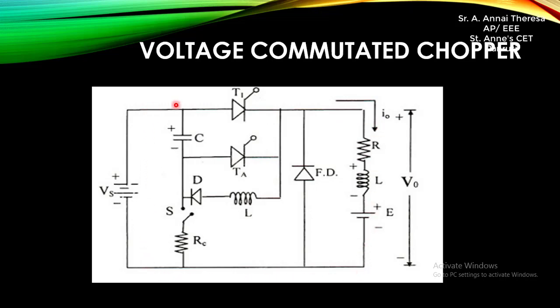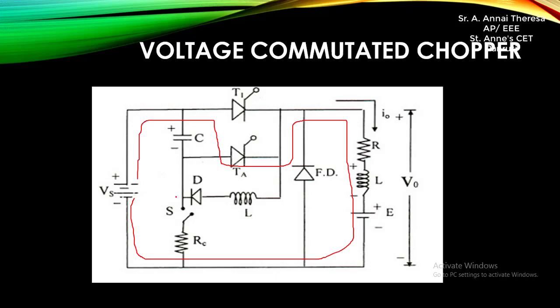In this way it will charge, in this direction. When the capacitor voltage is equal to the source voltage Vs, the charging current decays to 0 and the auxiliary thyristor is turned off.